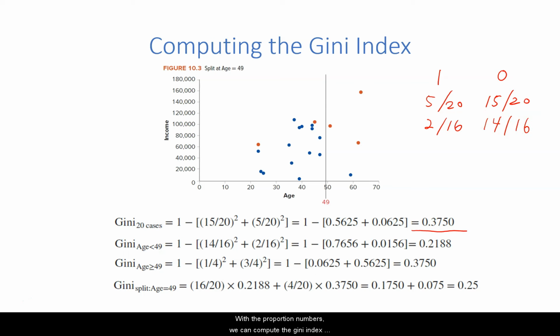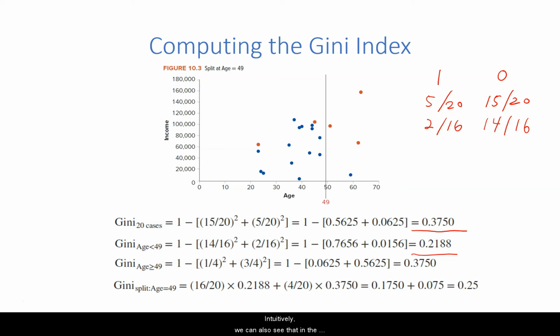With the proportion numbers, we can compute the Gini index for the age less than 49 partition to be 0.2188. This suggests a relatively pure subset.